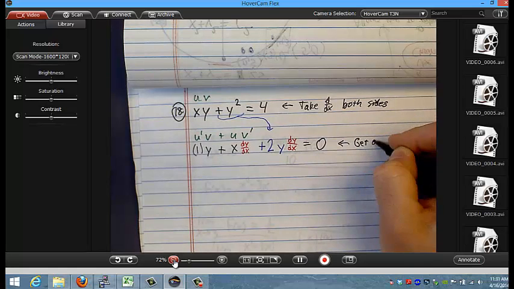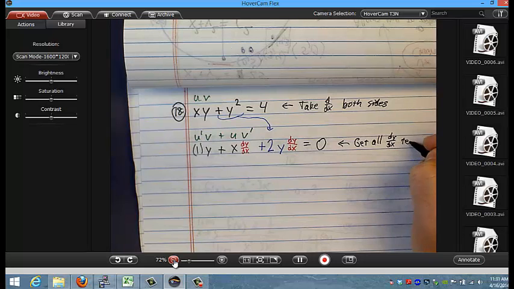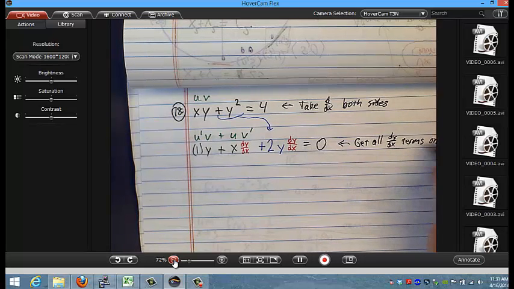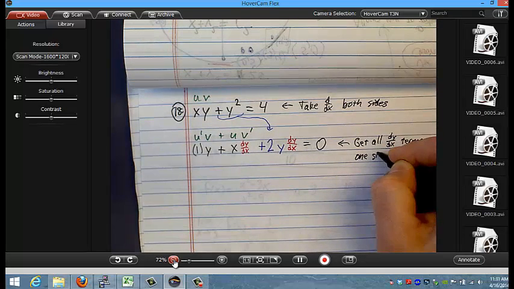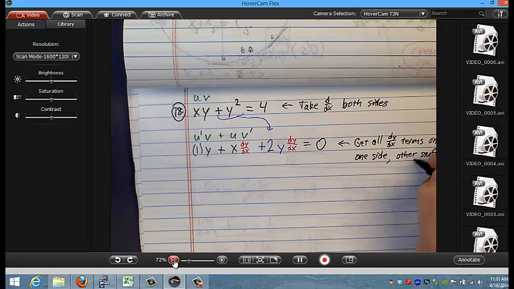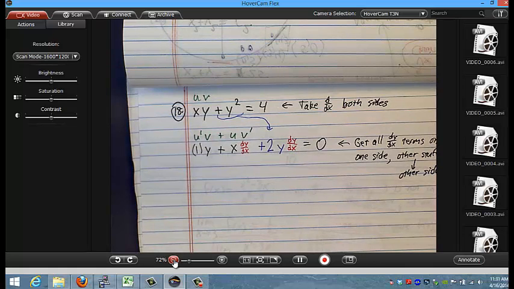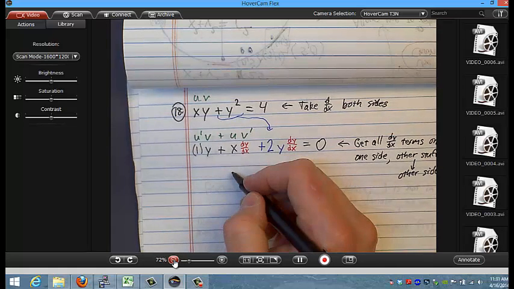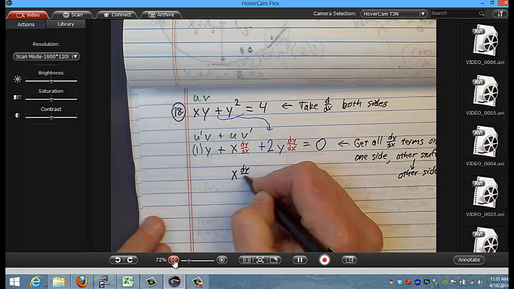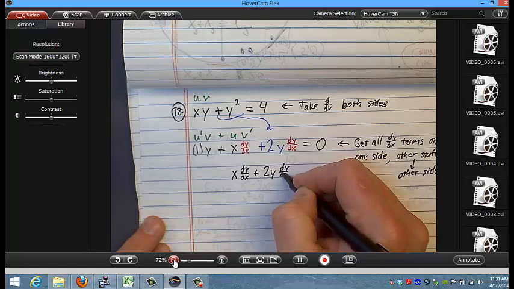So what I'm going to do is get all the dy dx terms on one side. Other stuff, move to the other side. Okay. So if I do that, I have x dy dx plus 2y dy dx.